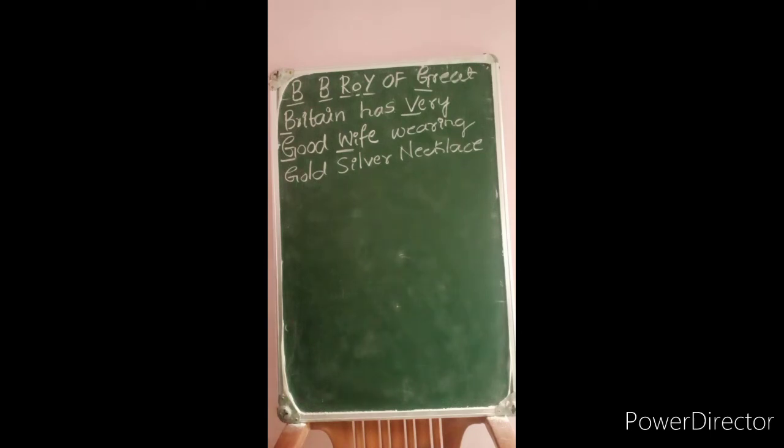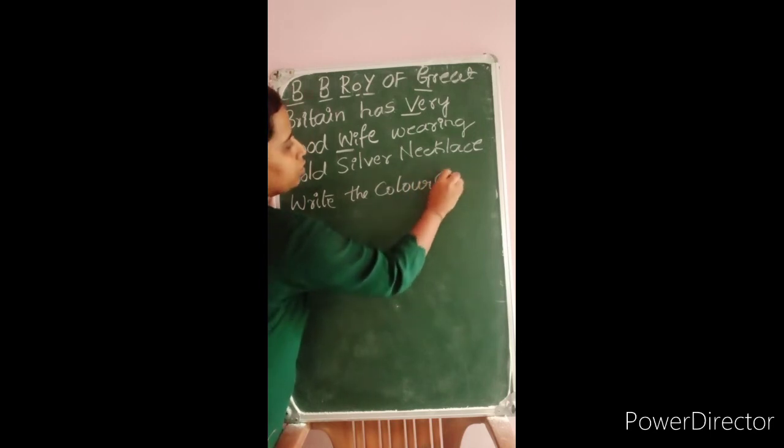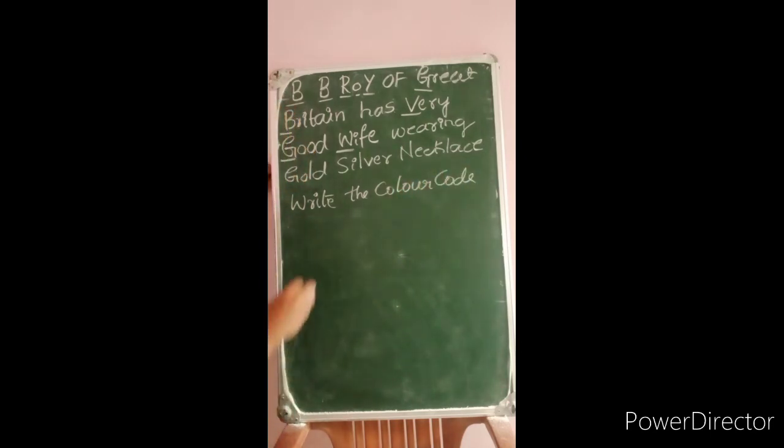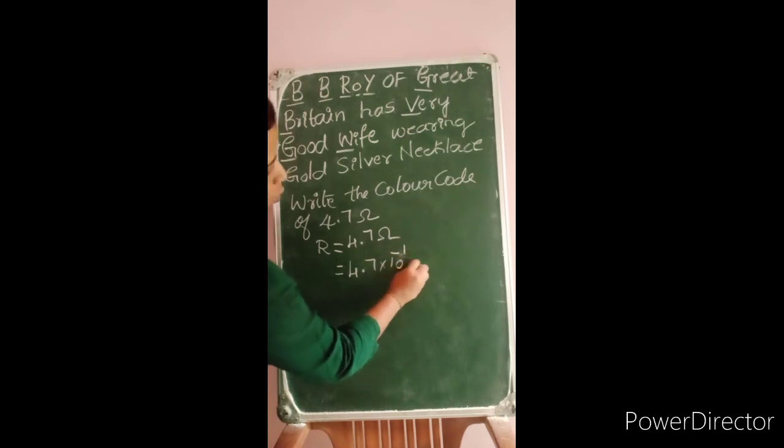Suppose you are given the color code, to write the color code you will be asked in the exam, like write the color code of 4.7 ohm. This is how we will be asked. How you have to write is, the given value is R is equal to 4.7 ohm. Then it is nothing but in the form of 4.7 into 10 raised to minus 1 ohm.